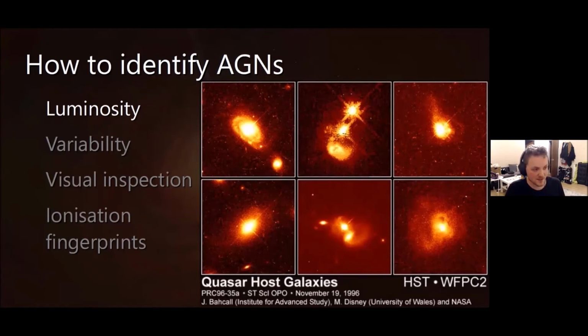But what it shows is that if you don't subtract the core emission, and you have something very, very bright in any wavelength regime, and it's consistent, then it's a good bet that it's an AGN.